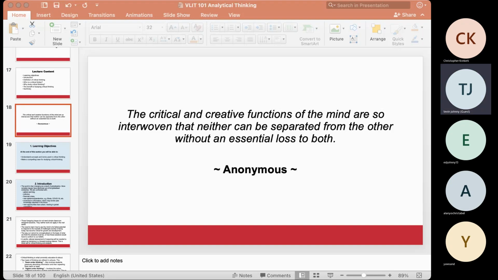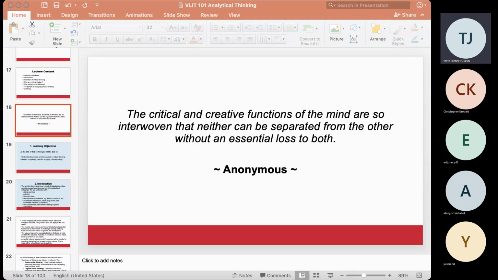So we mentioned earlier that within analytic thinking, we reason to solve problems. And when you critically think, that's what you're doing. You're reasoning to solve problems. And from the word creative, in order to be creative, you are trying to make something new.